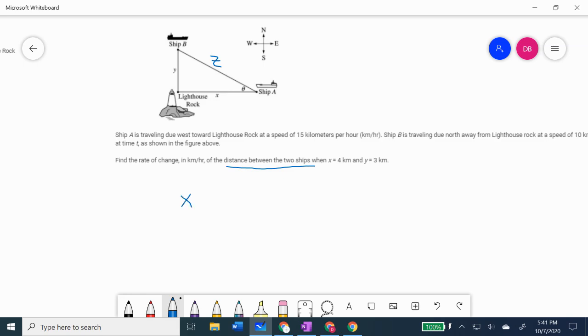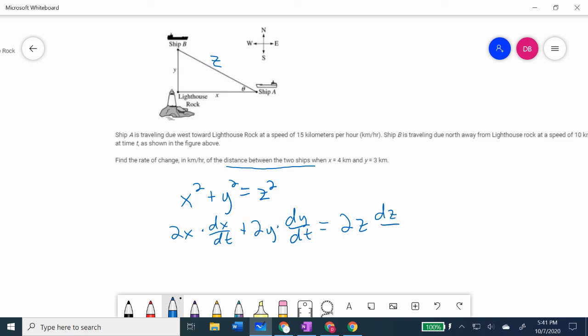So Pythagorean theorem, it is x squared plus y squared equals z squared. Taking the derivative with respect to time, I'm getting 2x times dx/dt plus 2y times dy/dt is equal to 2z times dz/dt. And those 2's are out of here.